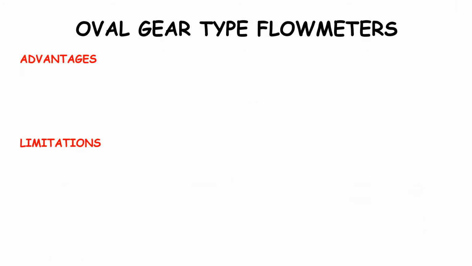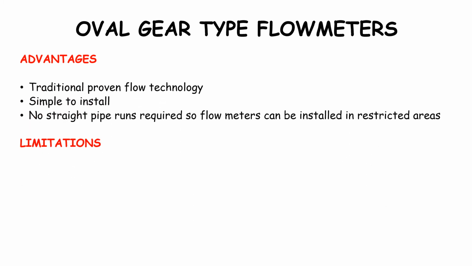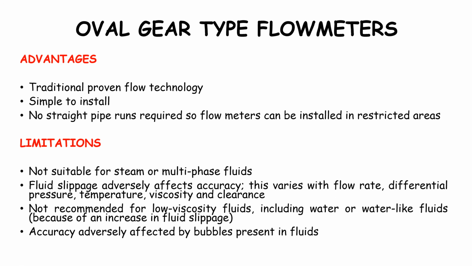The advantages and the limitations of oval gear are: the advantages are a traditional, proven flow technology, and simple to install, with no straight pipe runs required, so flow meters can be installed in restricted areas. The limitations are that they are not suitable for steam or multi-phase fluids.